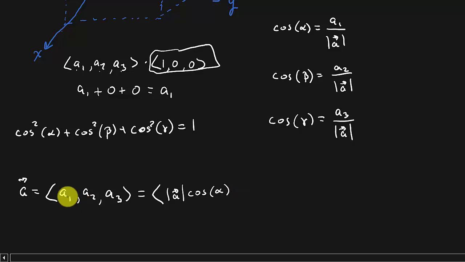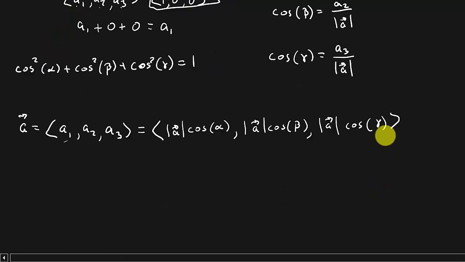So I replaced A1. Well, what's A1? If I multiply this up, that's this. And then A2 is going to be the magnitude of A times cosine beta. And then A3 would be the magnitude of A times cosine gamma.